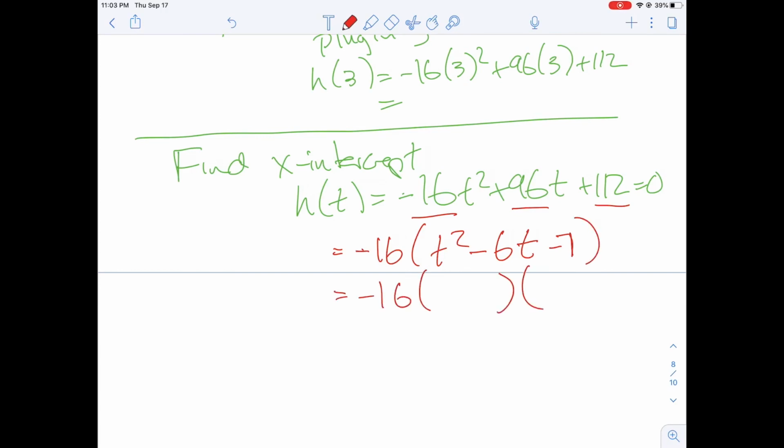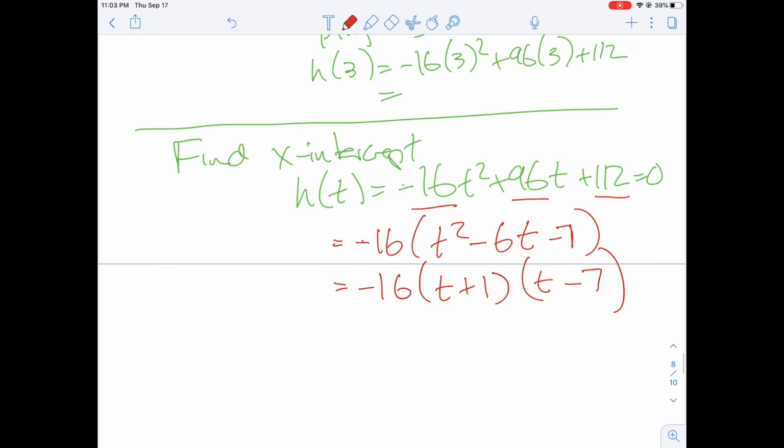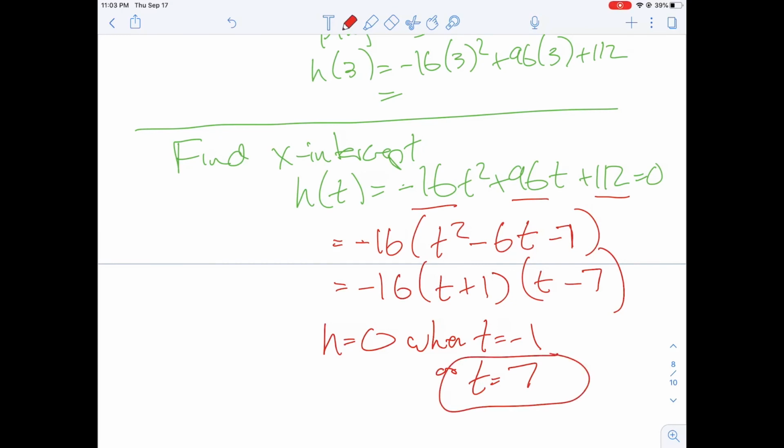And so then, if you're able to factor that, you want the t and the t, and this is going to have to be minus 7 and plus 1, so that when you FOIL that, you have t squared plus t minus 7t, which gives you the minus 6t in the middle, and the minus 1 times minus 7 gives you the minus 7 that you want. So then that says that h equals 0 when t equals negative 1 or t equals 7.